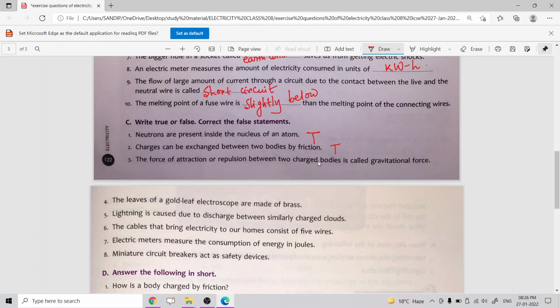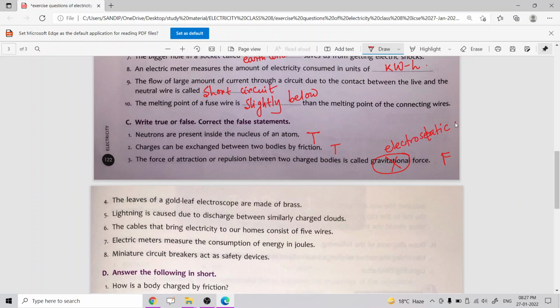Now the next one is, the force of attraction or repulsion between two charged bodies is called gravitational force. This is actually false. Okay, the correct statement is, the force of attraction or repulsion between two charged bodies is called electrostatic force.